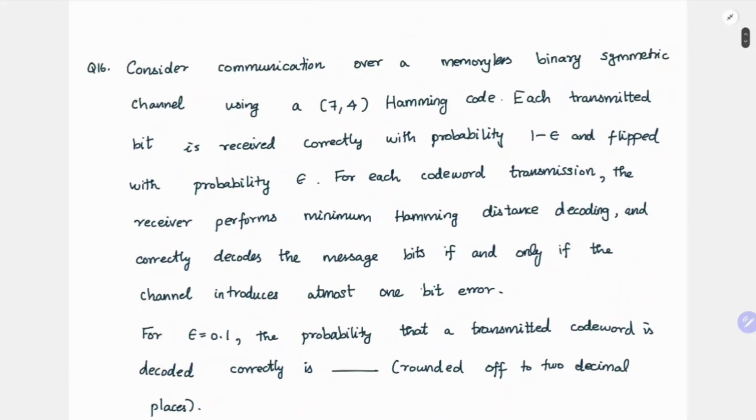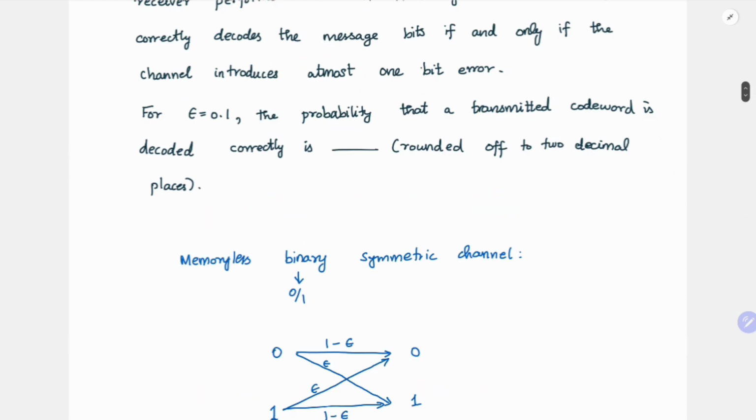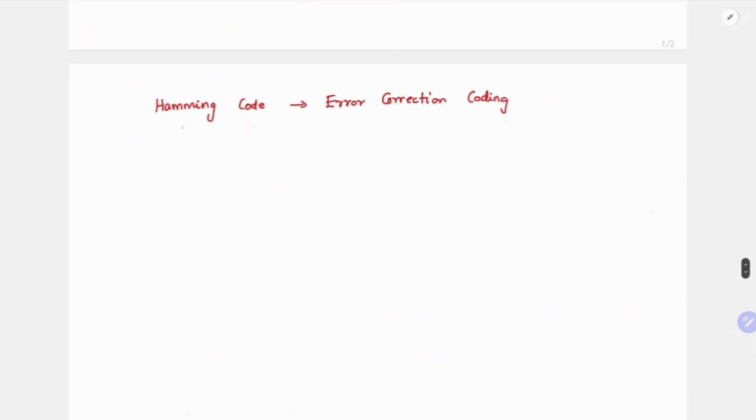Okay, so next we come to the Hamming code. So this is your channel. The Hamming code is an error correction coding, and in this particular case, it is given as a 7-4 Hamming code. What does this mean?